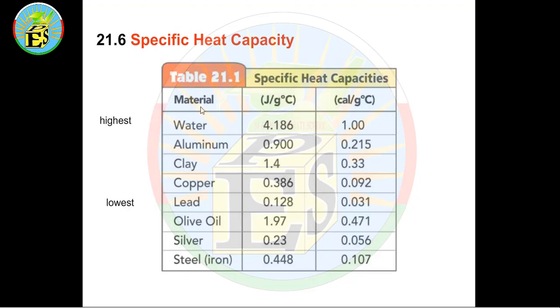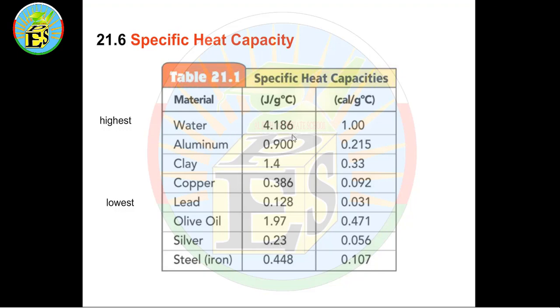Specific heat capacity for different materials. This is a table. Water needs about 4.186 joules per gram, or 1 calorie per gram. We need about 4.186 joules to raise 1 gram of water by only 1 degree, aluminum about 0.9, clay 1.4, and so on.